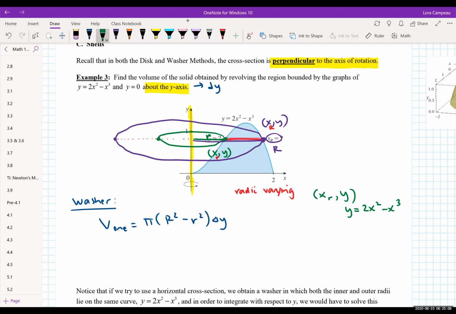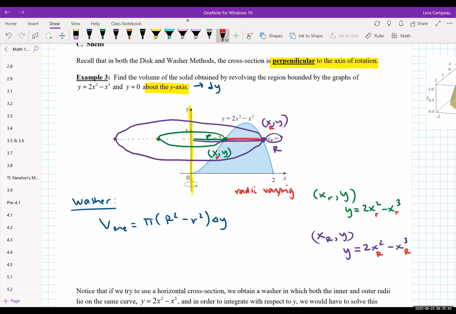It's the same thing with the other one, but I want to point out that the x value you're actually using should be lowercase with the subscript because of the smaller radius. And I'll write this one more time. With this one, I have x uppercase R of y. That x value is also related to that y value, which is 2x squared minus x cubed again. But remember, it's the longer distance.